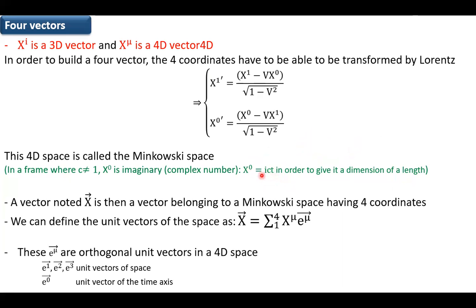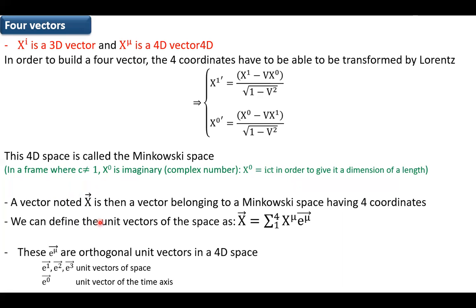So x0 is actually ct or ict. When c is equal to 1, you don't care about this. When you multiply the time by a velocity or a speed, your final dimension is a length. So you have 4 dimensions of length, x, y, z, and ct, which is also a length. So you can use a meter or any unit of length.